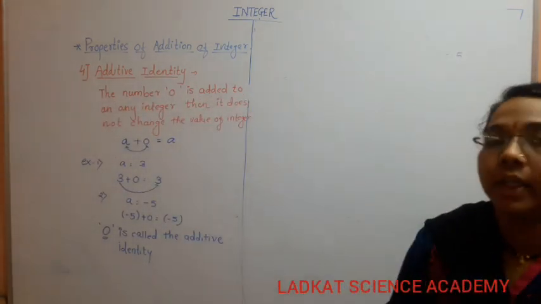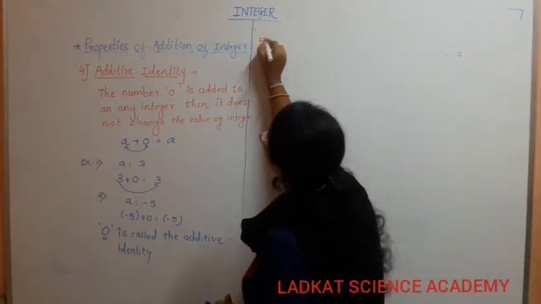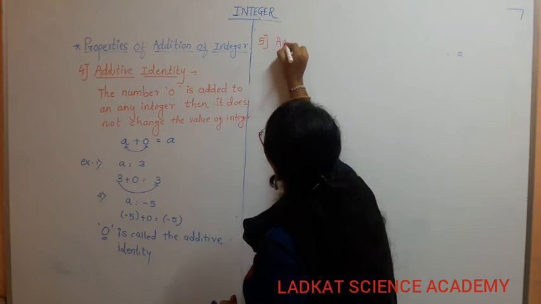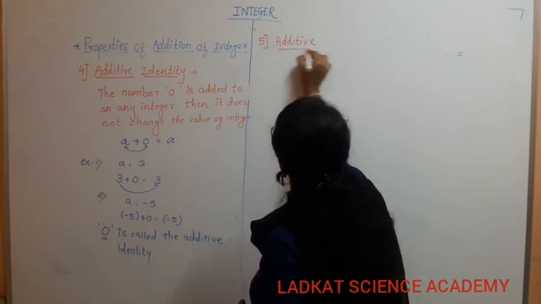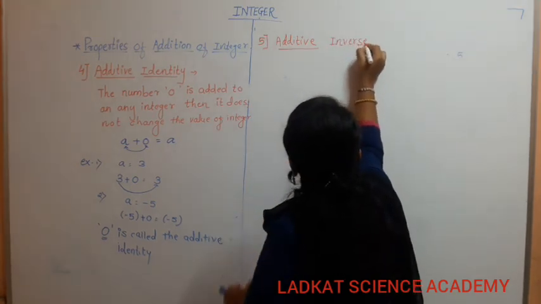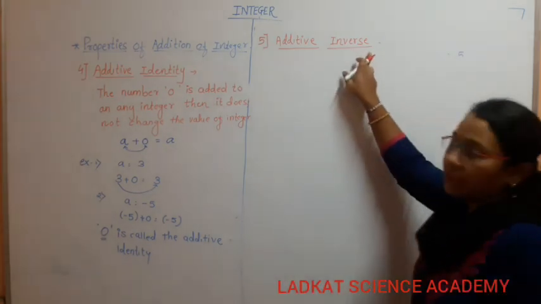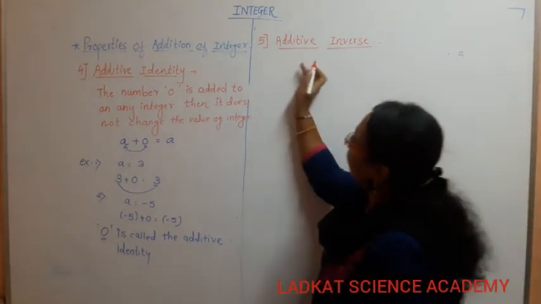Then the last one, that is the additive inverse property. The fifth property is additive inverse. Its name says that inverse means opposite of that. We will see the statement first.